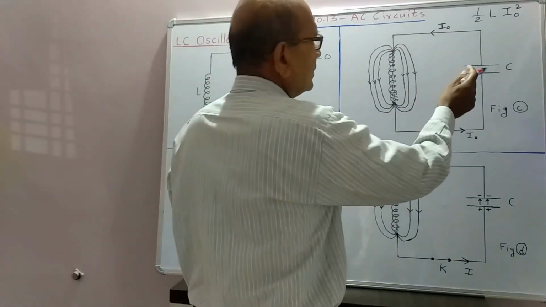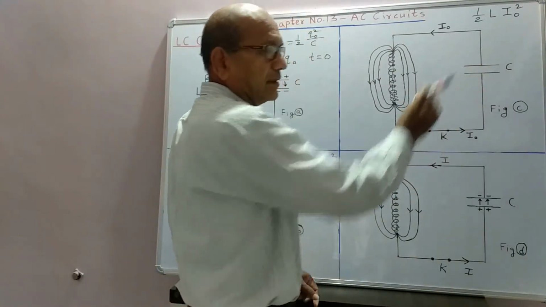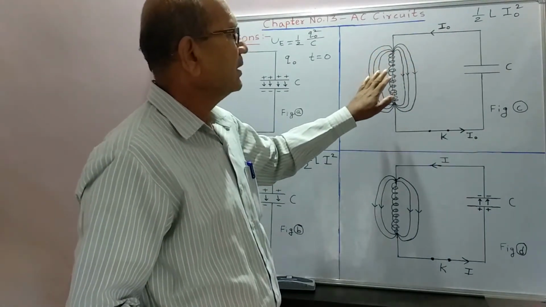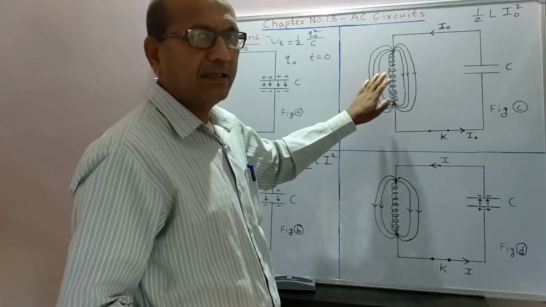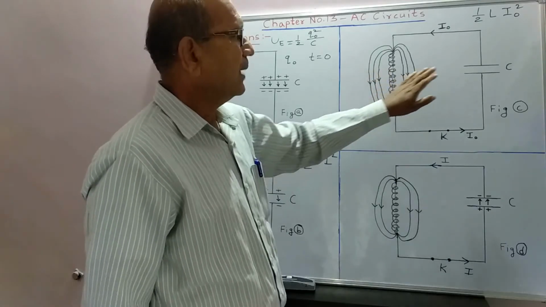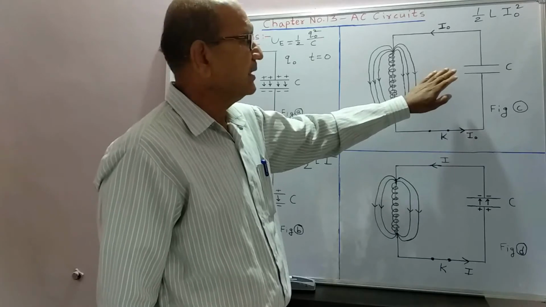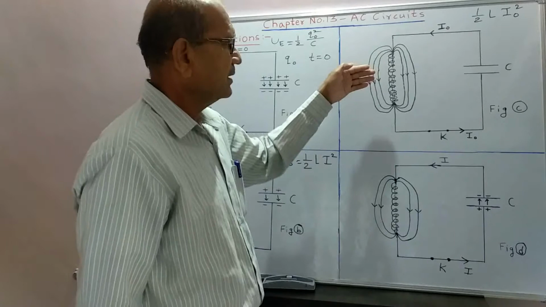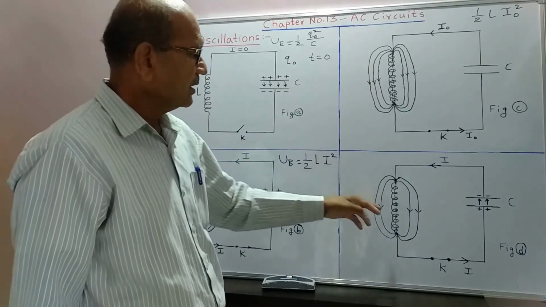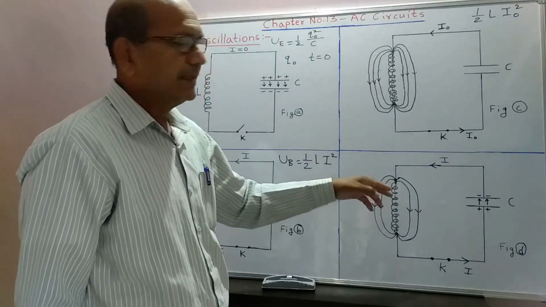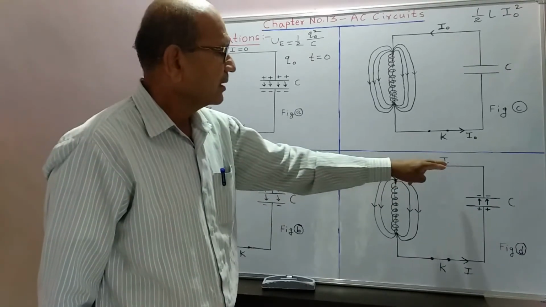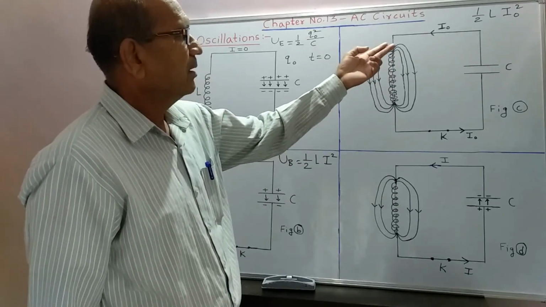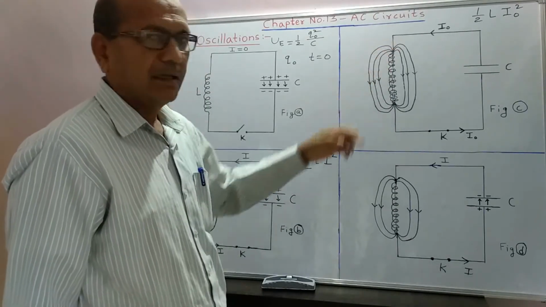At this time, the entire electrostatic energy of the capacitor is converted into the magnetic field energy of the inductor. After the discharge of the capacitor is complete, the magnetic flux, that is magnetic lines of force linked with the inductor, decreases, inducing current in the same direction as the direction of the earlier current.